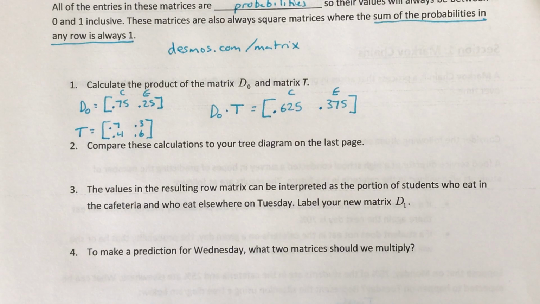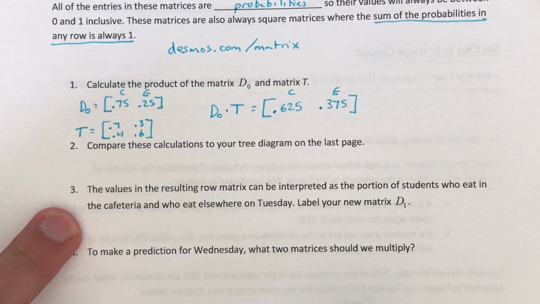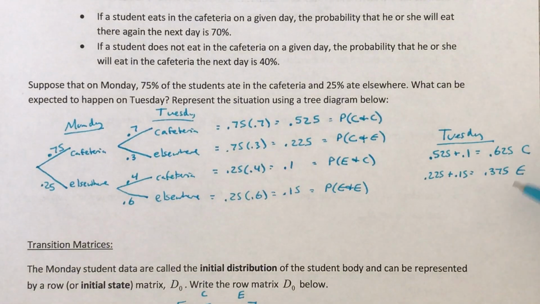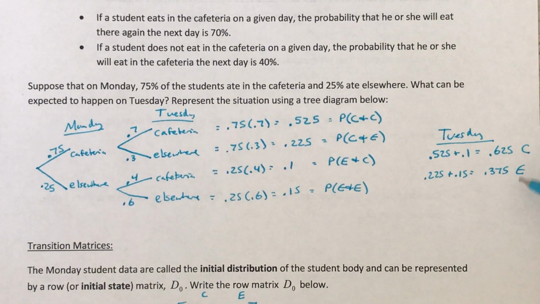So number 2 says, compare these calculations to your tree diagram on the last page. Well, on the last page, if you look at your tree diagram, what we said was going to happen on Tuesday. Let me actually flip back there. We wrote down here what we expected to happen on Tuesday.